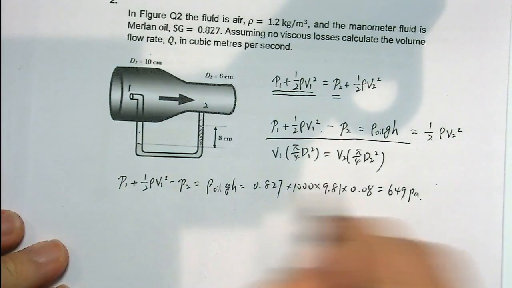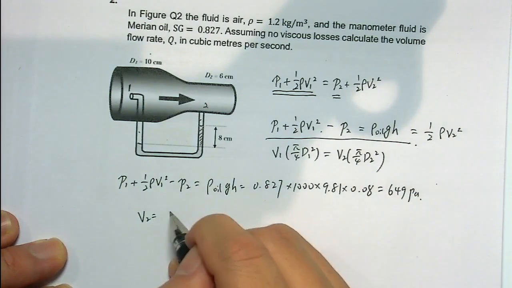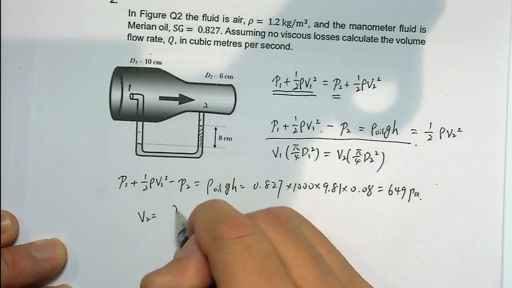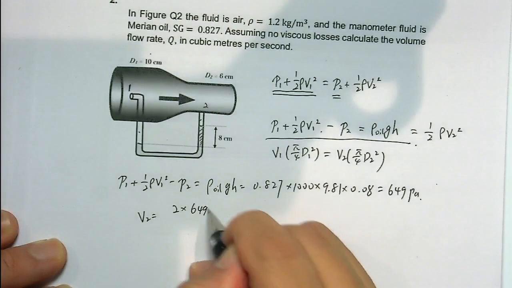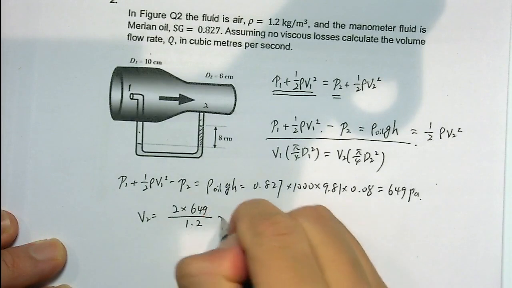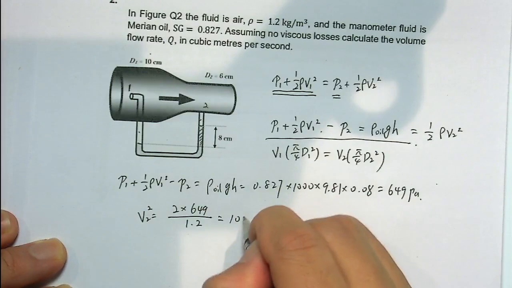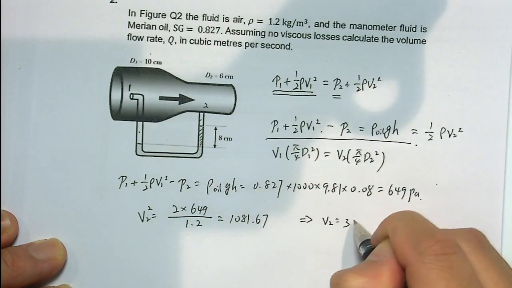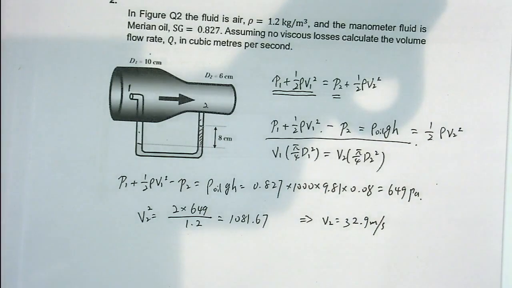So we can get V2, which is equal to the square root of 2 multiplied by the pressure difference we got over the density of the air, 1.2. Could solve it, V2 squared. So we can solve the velocity at position 2 in meters per second. So we got the V2.